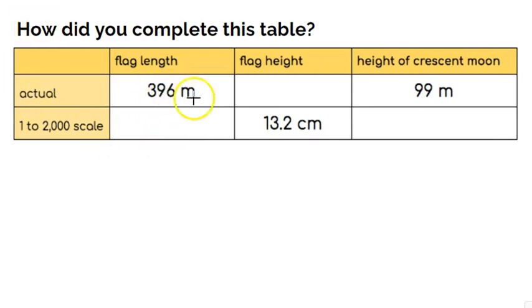Well, you have to get these first into centimeters. So how many centimeters are in a meter? Yeah, 100. So we have to multiply that by 100. So we end up with 39,600 centimeters. And then on our scale drawing, it's 2,000 centimeters for every 1 centimeter. So then our next step is, we have to divide this by 2,000.